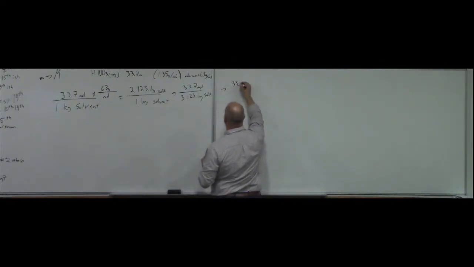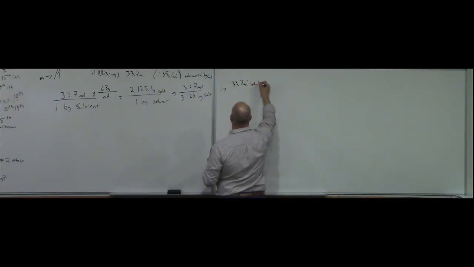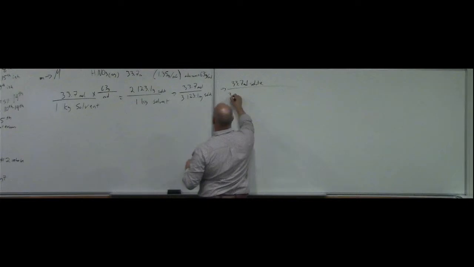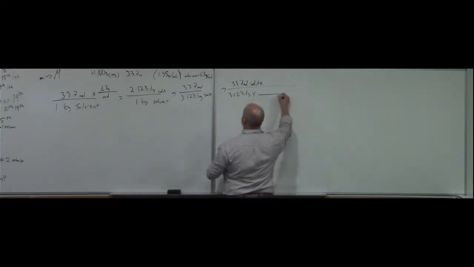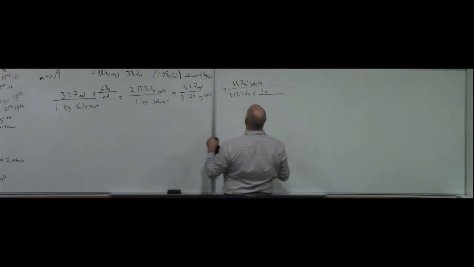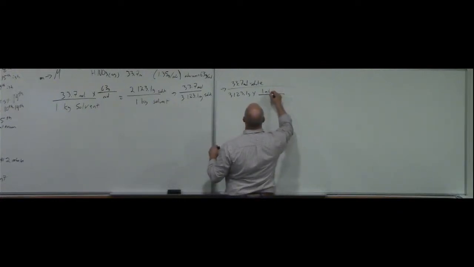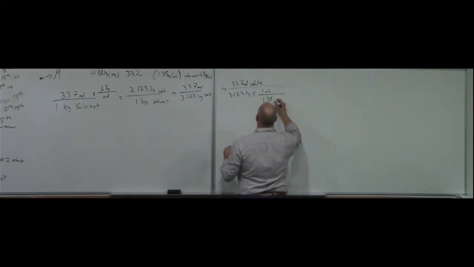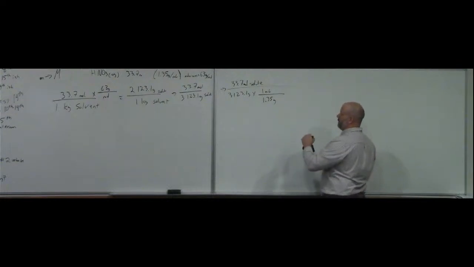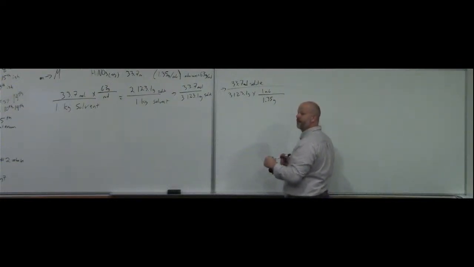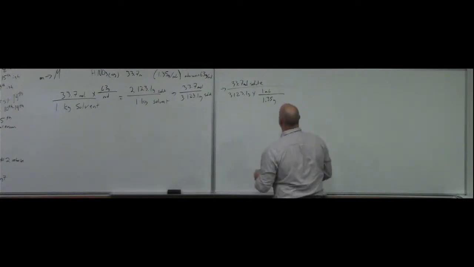So this is going to give me 33.7 moles of solute over 3,123.1 grams times, now I want to have 1 milliliter over 1.35 grams. It would have just been convenient if I'd have left it in kilograms, because then I could have just done all that. But anyway, I added a step, thinking I was saving one.